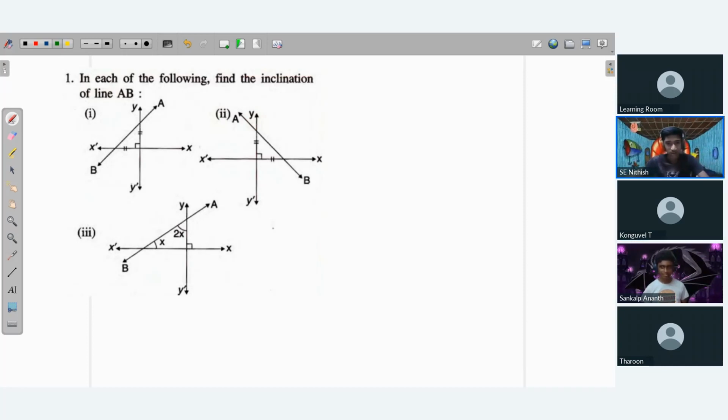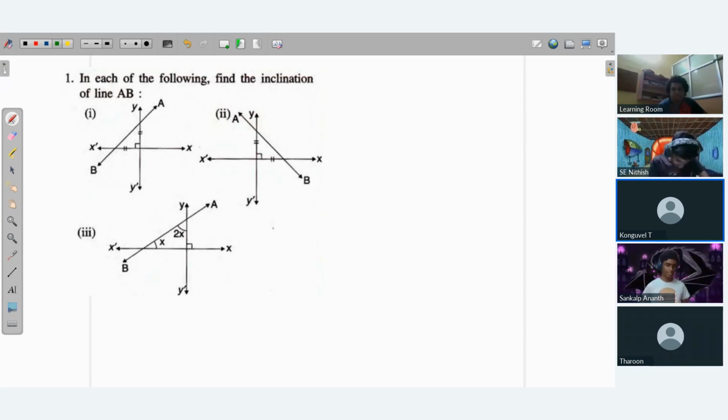Second one is 180 minus 45. It's 135. Who would have thought?